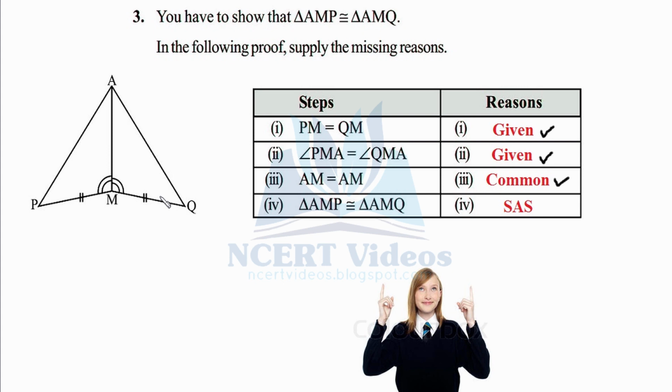Because we know one of the criteria to prove two triangles are congruent is side angle side. That is, we are given this side that corresponds to this side, we are given this angle, and we found this side as common. Therefore, side angle side. These both triangles are congruent to each other through the SAS criterion. So that is your question number 3.